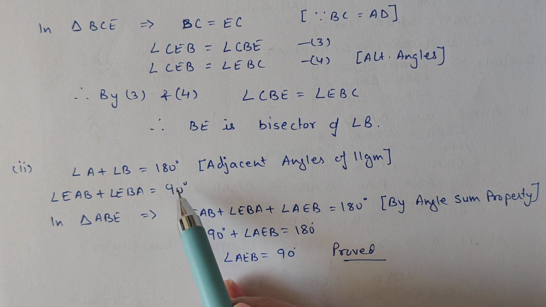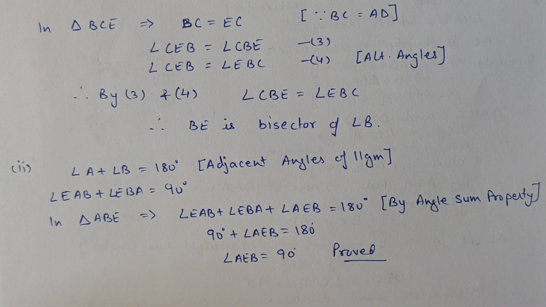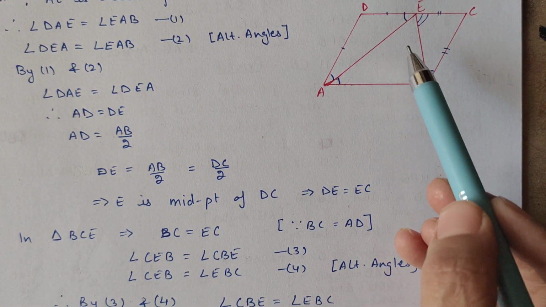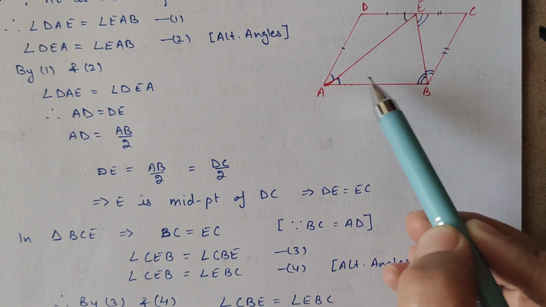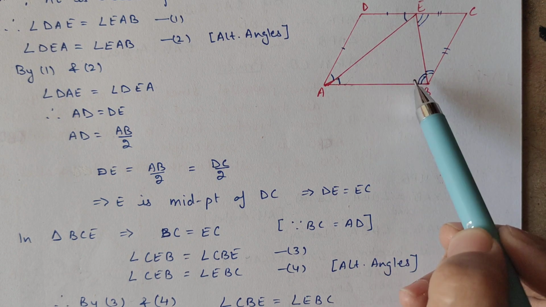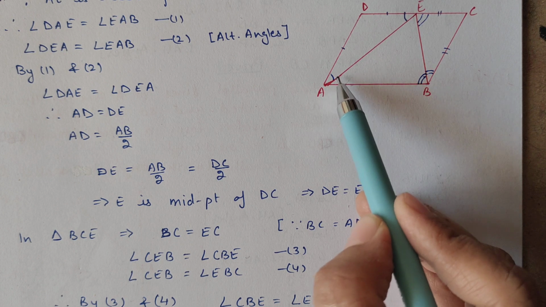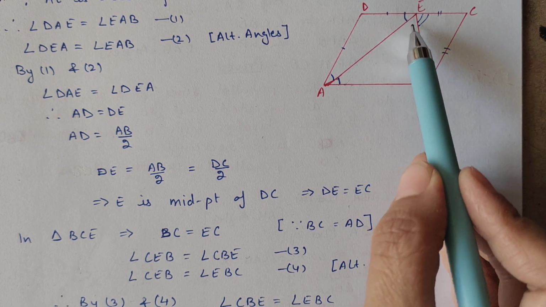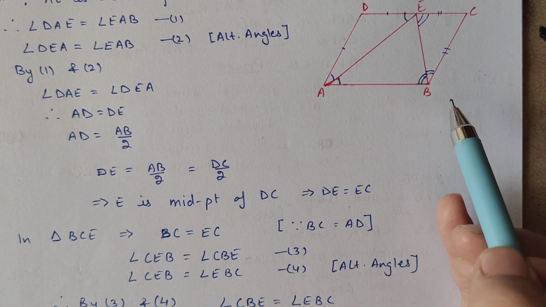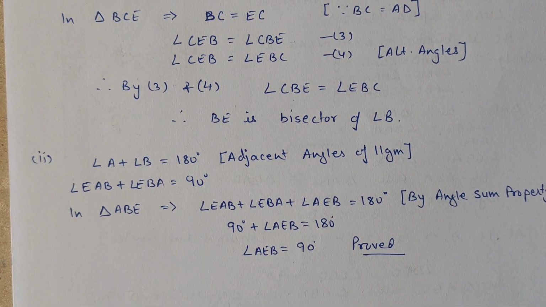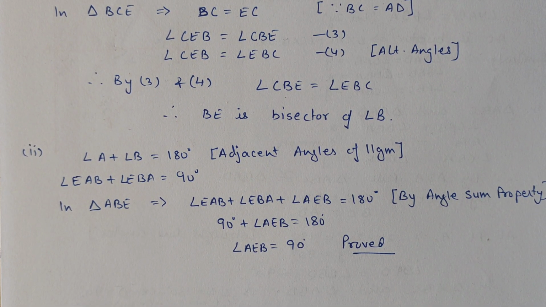This will be half of 180, which means 90 degrees. Then if we use the angle sum property in this triangle, the sum of these three interior angles will be 180 degrees. As the sum of these two angles is 90 degrees, the third one, AEB, also will be 90 degrees. So we got here angle AEB is equal to 90 degrees.